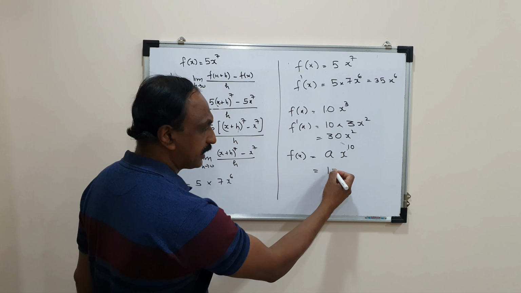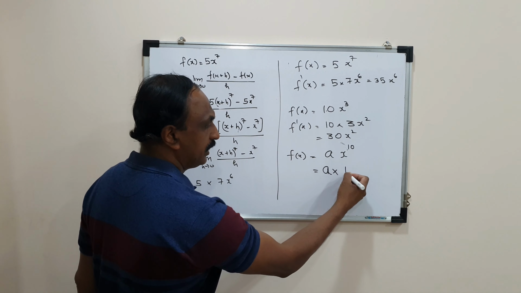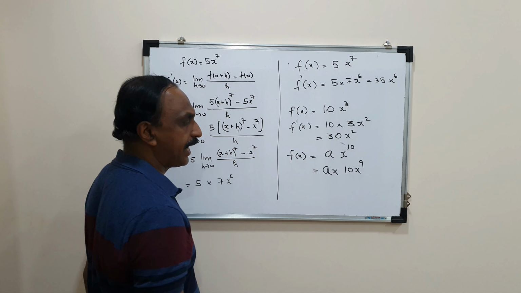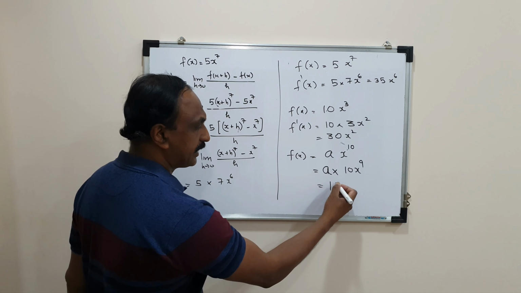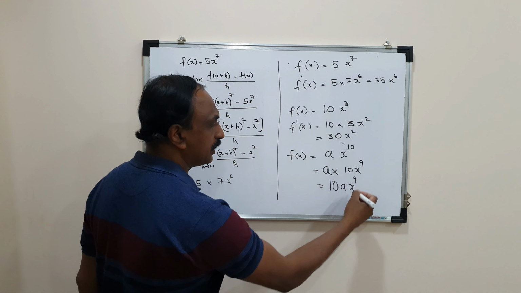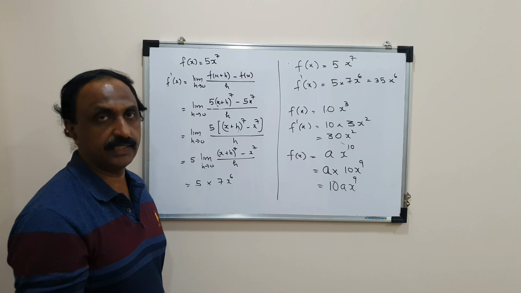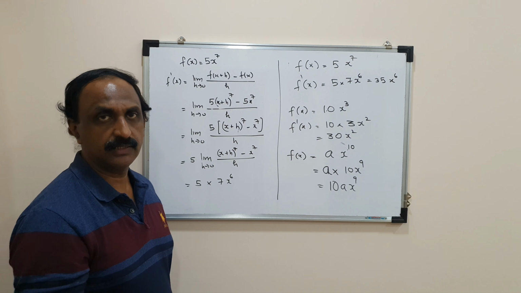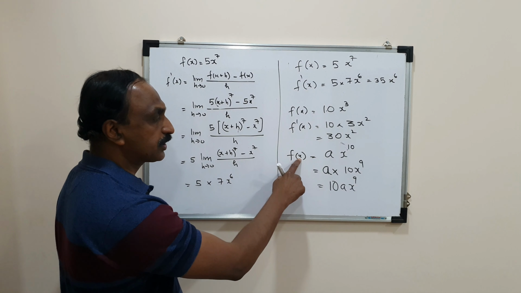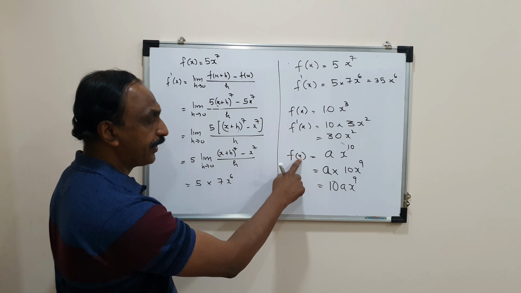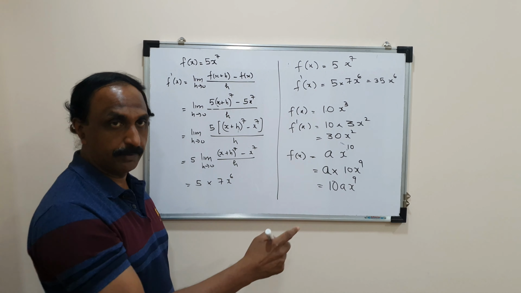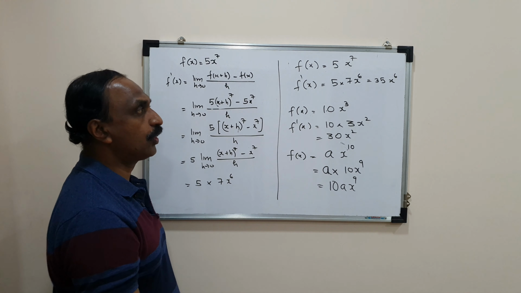So your answer will be a into 10 times x raised to 9. So I can write 10a x raised to 9. So any alphabet other than x present in it is a constant, because the function's variable is x. f of x means a function in x. The variable is x there. So a is a constant.